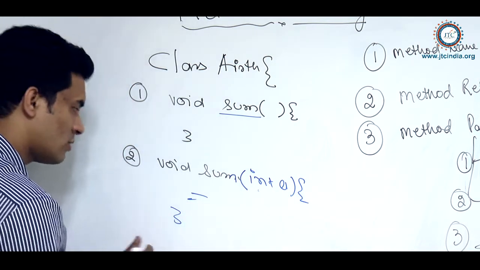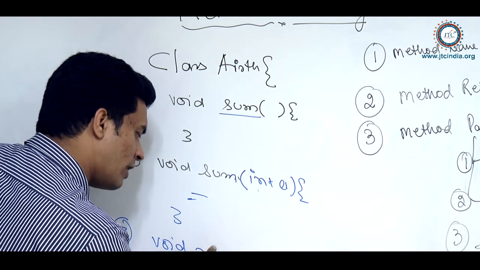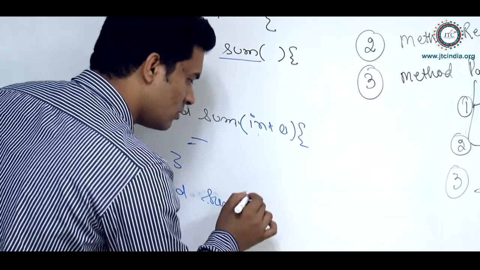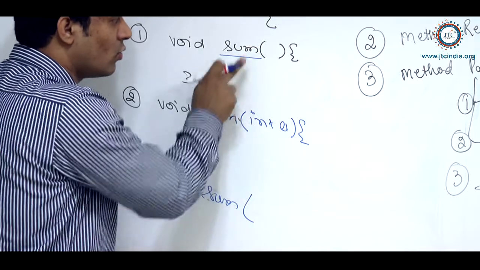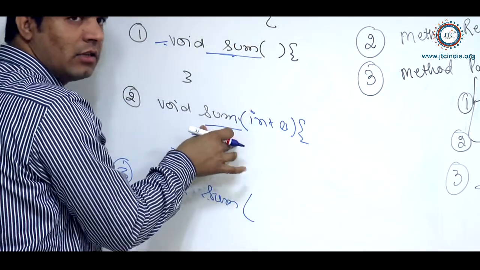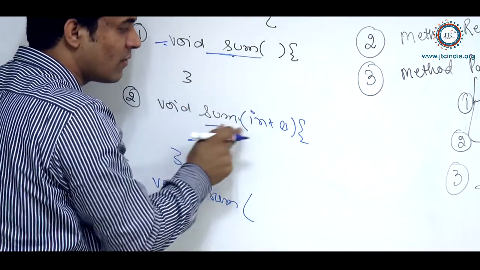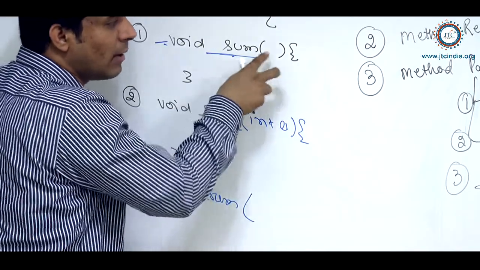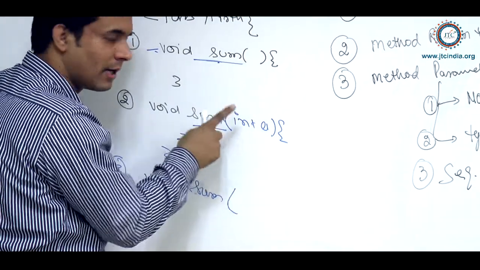In the second case, when you are writing void sum, see, one parameter is here also, right? If we talk about this sum method and this sum method, here we don't have any parameters, here we have one parameter, right? So in that case, the number of parameters varies.